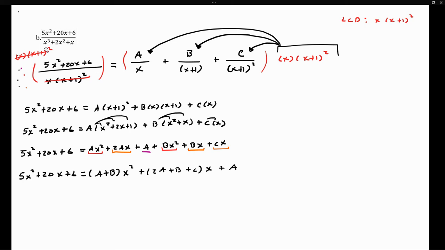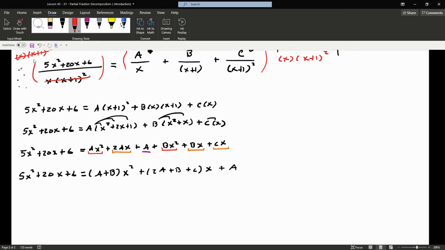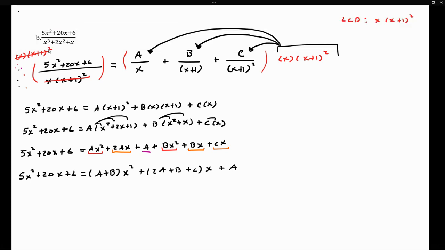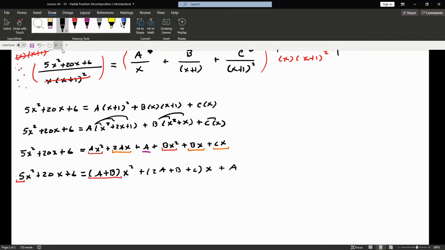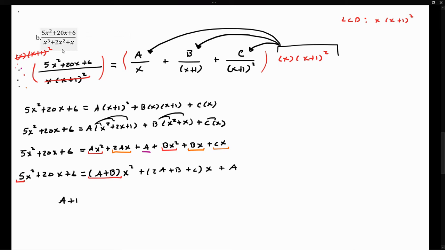So the same idea. Now that everything is being grouped in terms of its variable, let me just make the constants equal to each other. On the left-hand side, in front of x squared, I had a 5. And on the right-hand side, in front of x squared, I have the expression a plus b. So if I want them to be equal to each other, I should set up a plus b to be equal to 5.